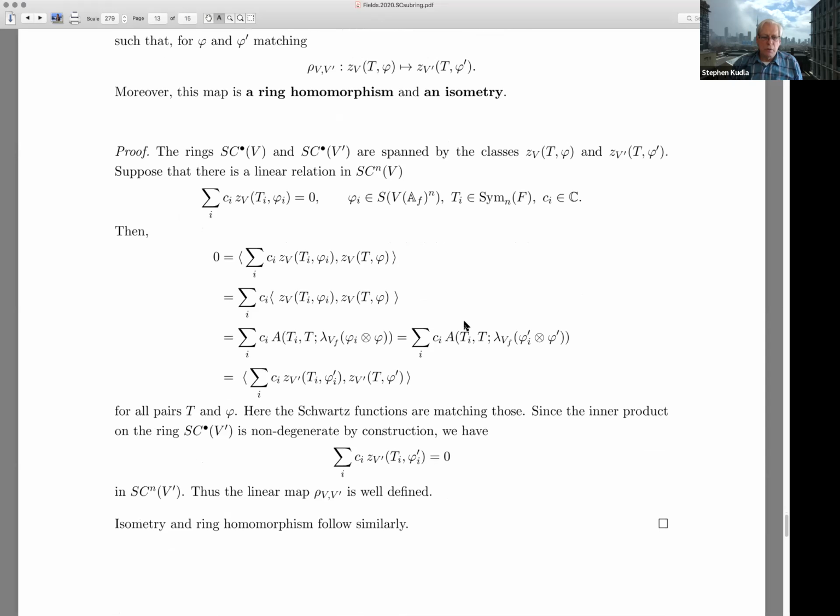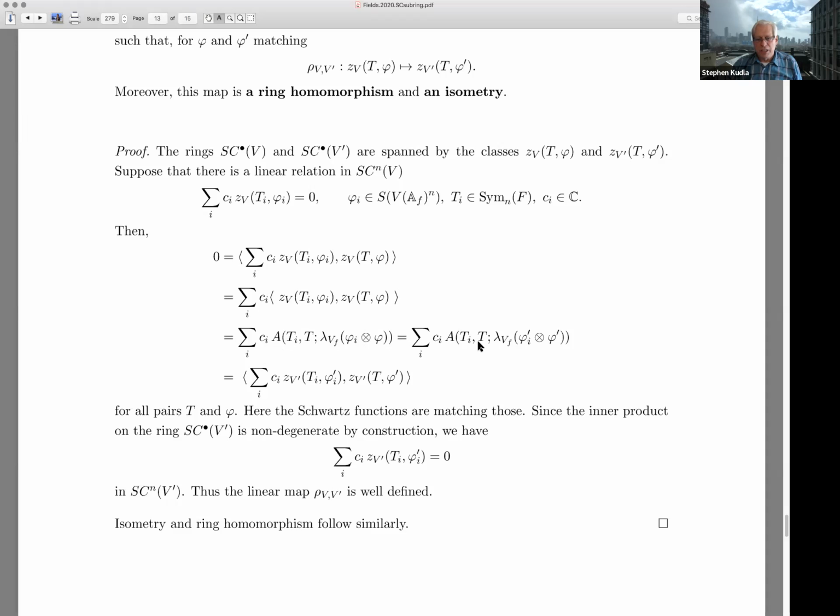But now what's true is that this inner product is the same as taking this linear combination of these guys, using the inner product formula in terms of Hilbert-Siegel-Eisenstein series, using the Fourier coefficients we had before. But of course, by this matching, these Eisenstein series are the same, so they have exactly the same Fourier coefficients.